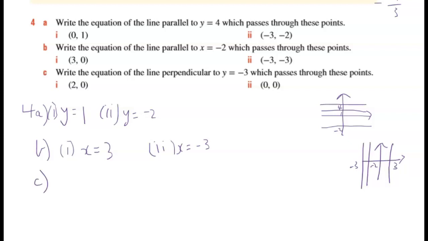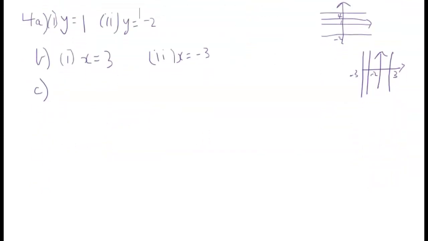Okay, so question C. Write the equation of the line perpendicular to y equals -3. So I might just scroll down and give me some space. Okay, so we're doing perpendicular to y equals -3. So there's y equals -3.